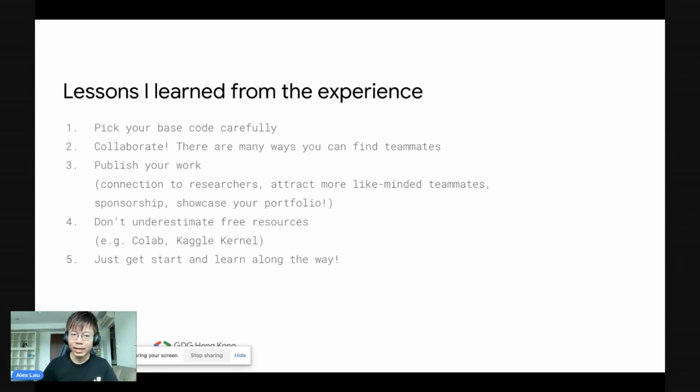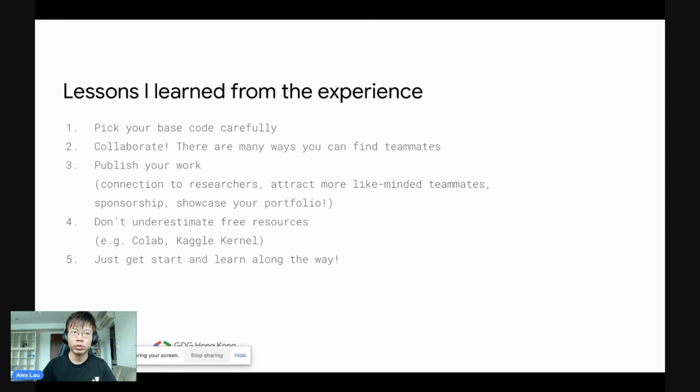Fourth point, I think we all know that deep learning is pretty computationally intensive work. We may tend to buy some very expensive hardware resources to support it and get a better experience. But firstly, don't underestimate the free resources.